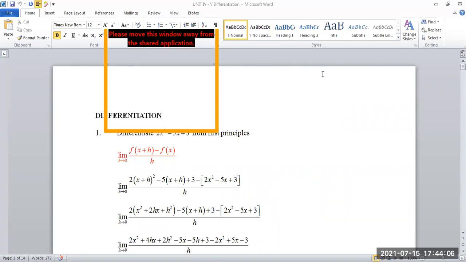All right. So we're moving on to differentiation.